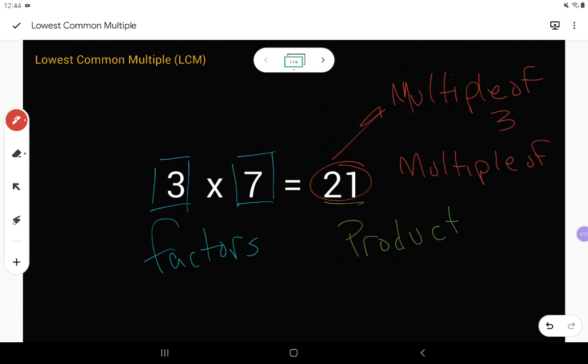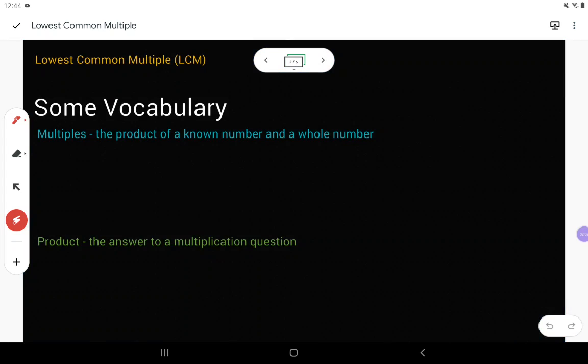It's a multiple of both of those numbers because I can multiply 3 by something to turn it into 21, and I can multiply 7 by something to turn it into 21. So 21 is a multiple of 3, and 21 is a multiple of 7. We'll dig into that a little bit more.